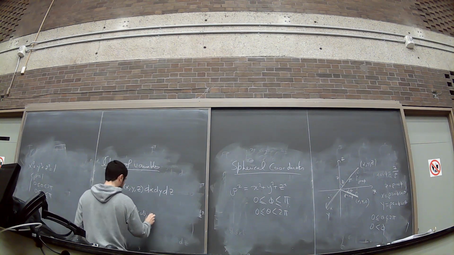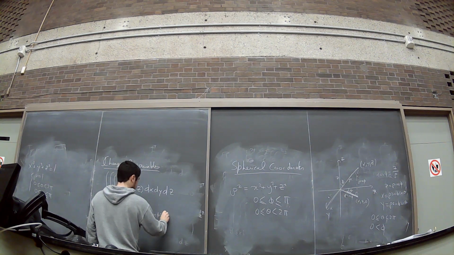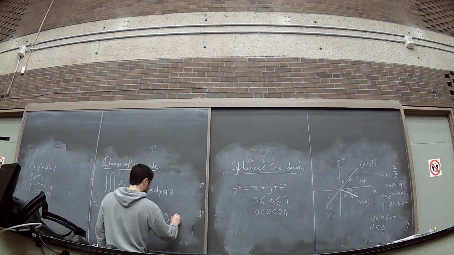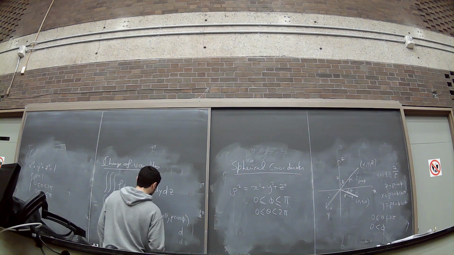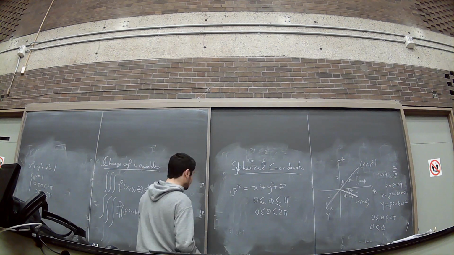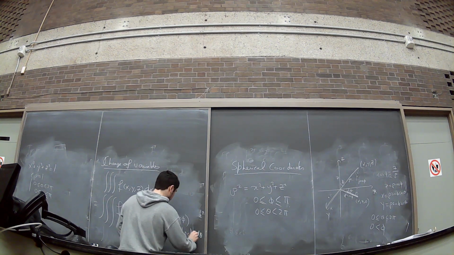Y becomes rho sin phi sin theta, and z becomes rho cos phi. And then what do I have? I have d rho, d phi, d theta.